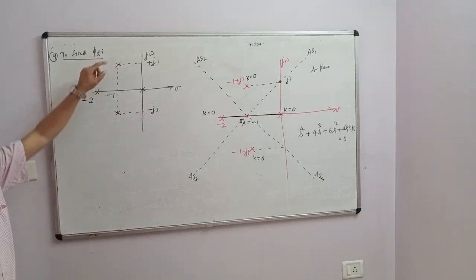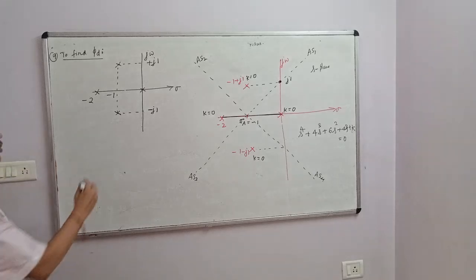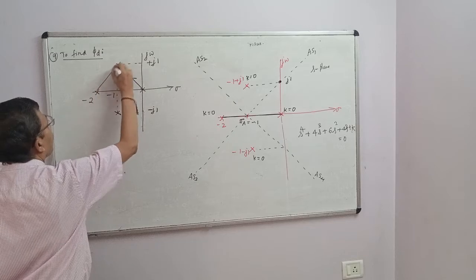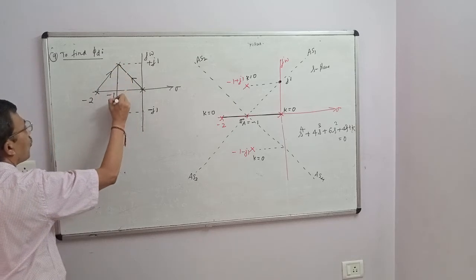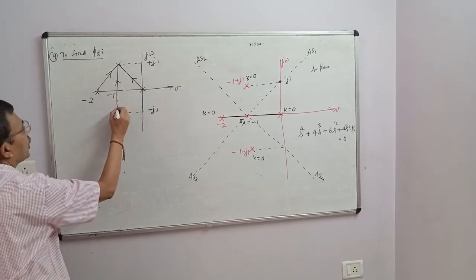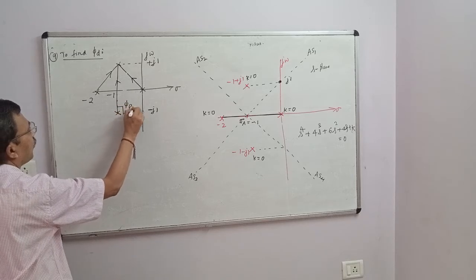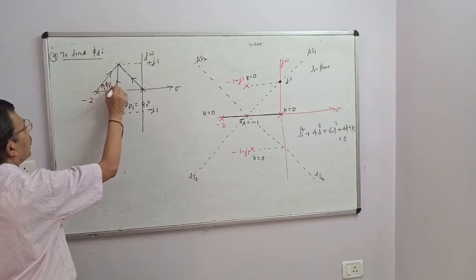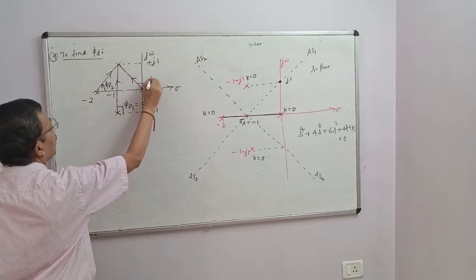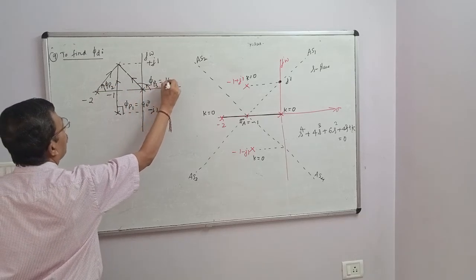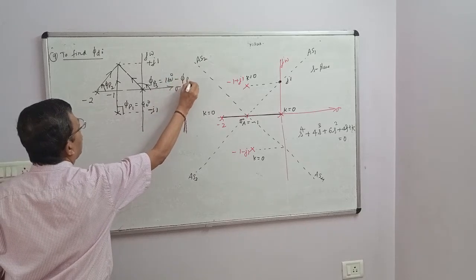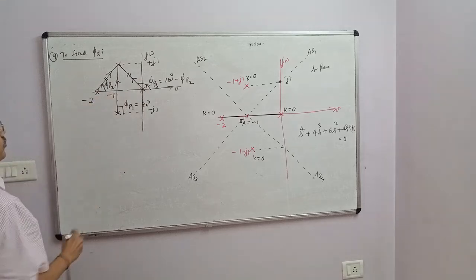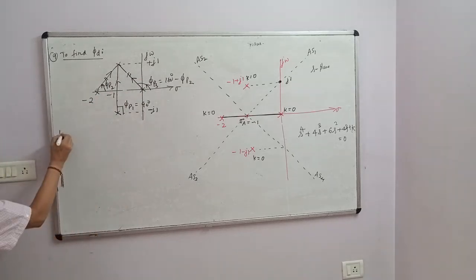So to this pole you draw vectors from other poles and zeros. This is phi p1. Phi p1 is equal to 90 degrees. This is phi p2. This is phi p3. Phi p3 is equal to 180 degrees minus phi p2. This is an isosceles triangle. So what is the formula?